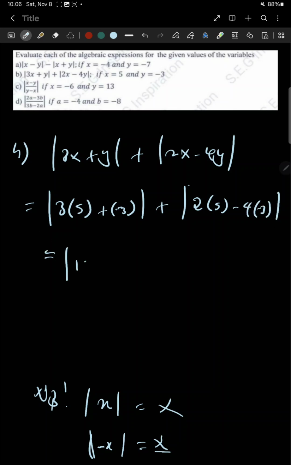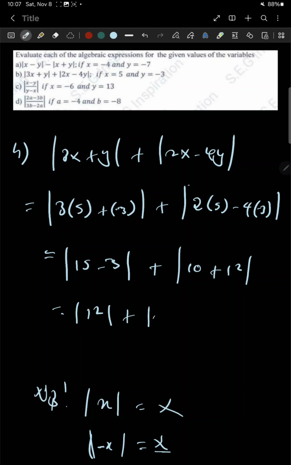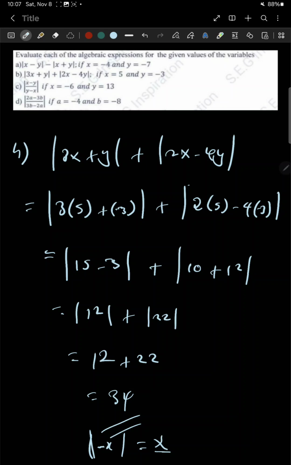So the answer will be modulus of 15, negative times positive is -3, plus 10, the negative times that is plus 12. Then this will be modulus of 12 plus modulus of 22. Then the answer will just be 12 plus 22, and the answer will be 34.